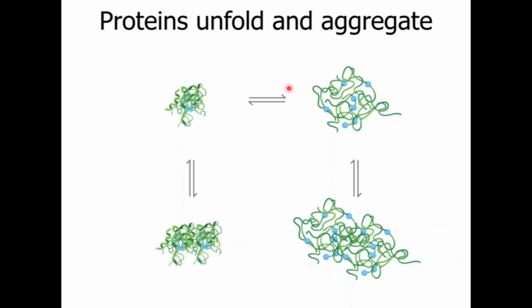To make things more complicated, both the natively folded protein and the unfolded one can also aggregate. So we need to keep the colloidal stability, the aggregation, in mind as well. Only by looking at conformational and colloidal stability at the same time will we be able to assess stability and refine the conditions our ADC is in.